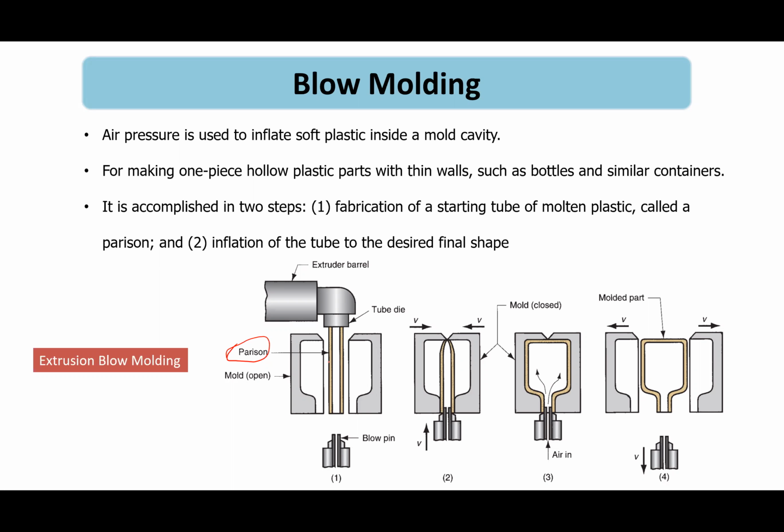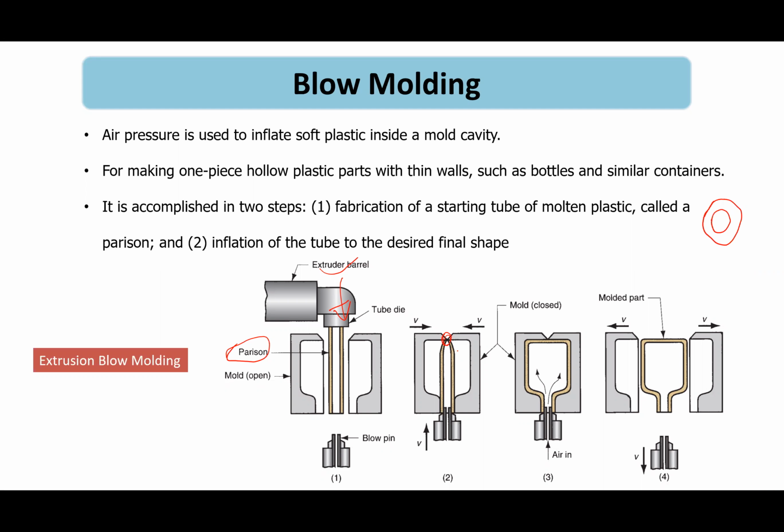The soft plastic comes out of the extruder barrel; we already know the function of the extruder. If you want to produce a hollow cross section, you know how to use the extruder for that. That hollow cross section comes out of the extruder this way, and once it reaches the other end, it's clamped in here, and the top part is cut off and at the same time pressed together so that the material gets combined in that place.